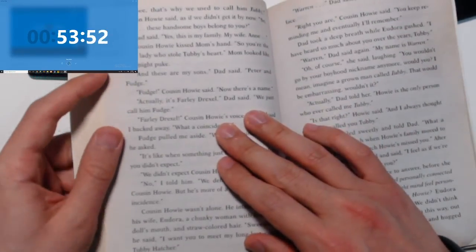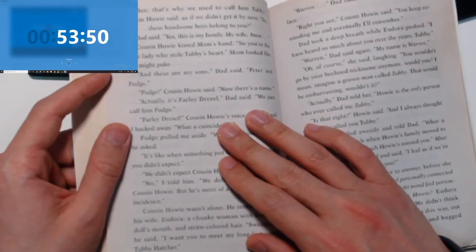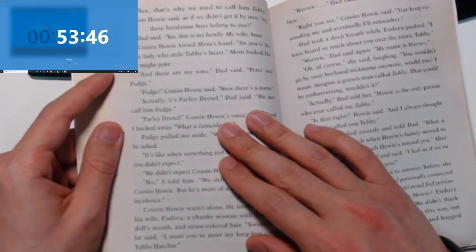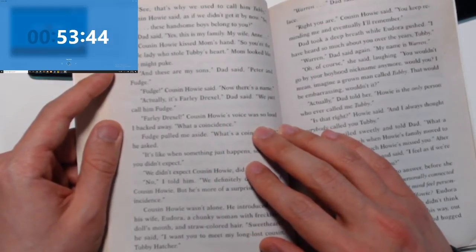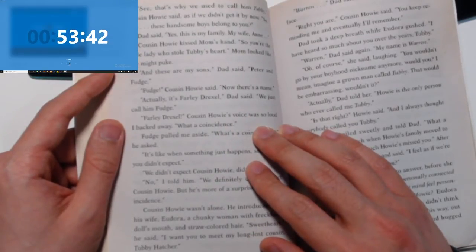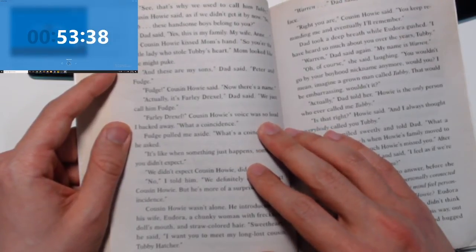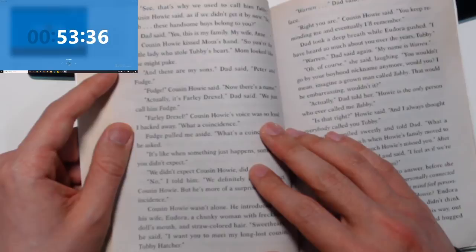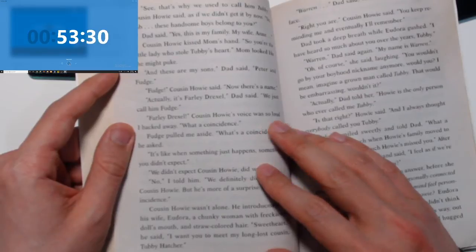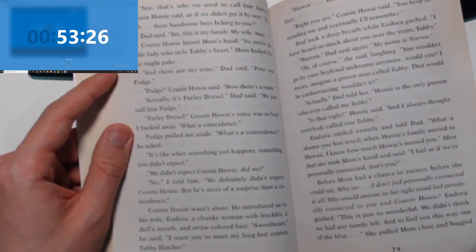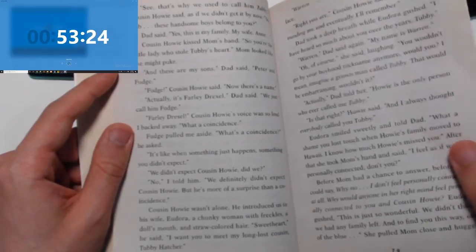See, that's why we used to call him Tubby, cousin Howie said, as if we didn't get it by now. So, Tub, these handsome boys belong to you? Dad said, yes, this is my family, my wife, and cousin Howie kissed Mom's hand. So, you were the little lady who stole Tubby's heart. Mom looked like she might puke.